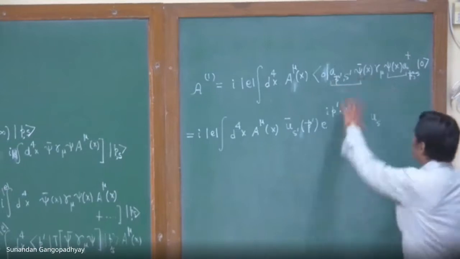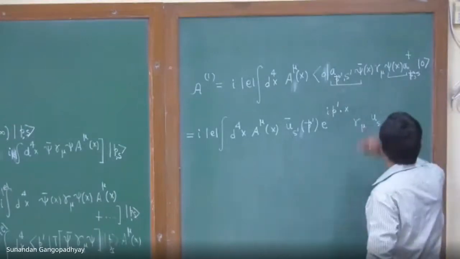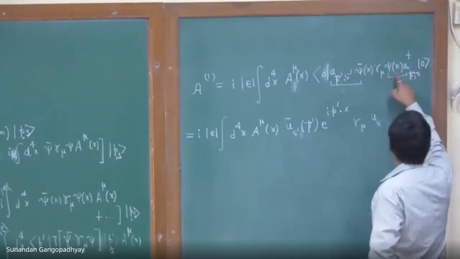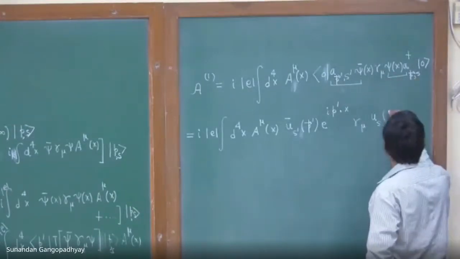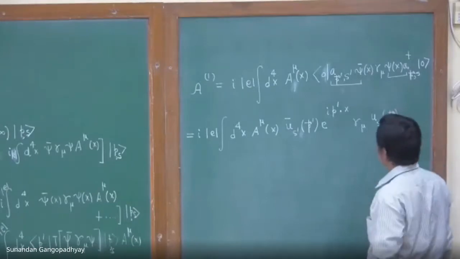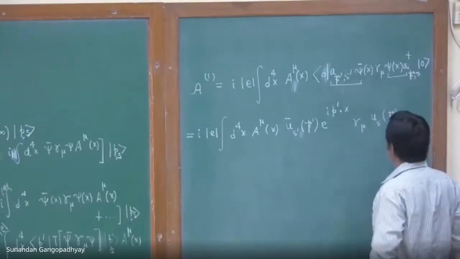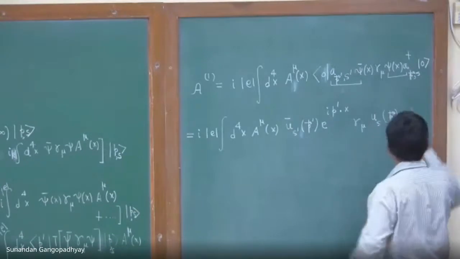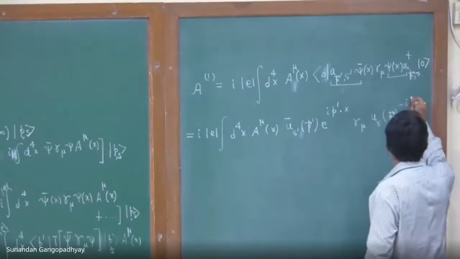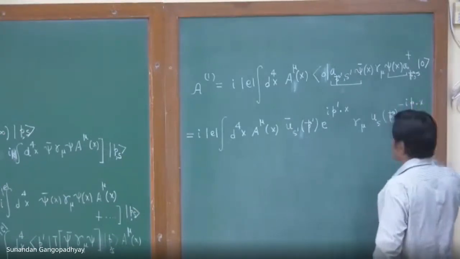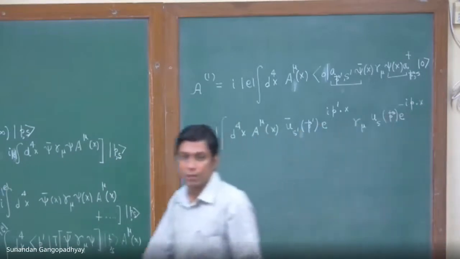That gives a nontrivial contribution, and the other term will be 0. So from this one we will have u s of p, e to the power of minus i p x.